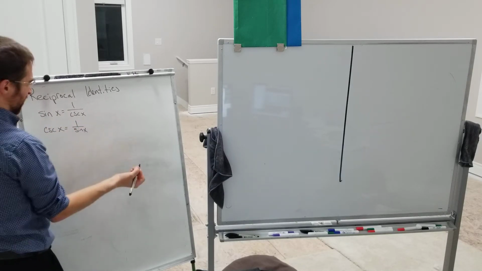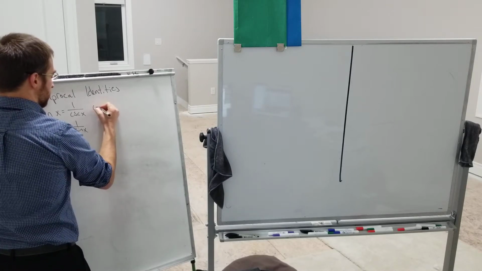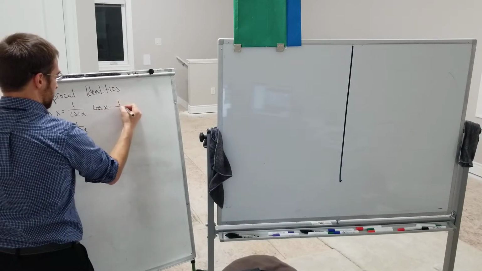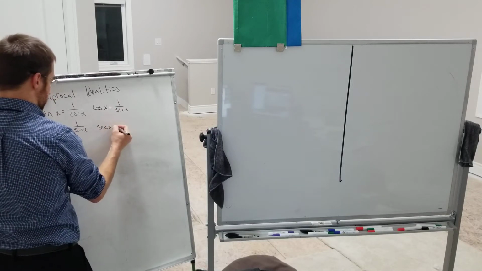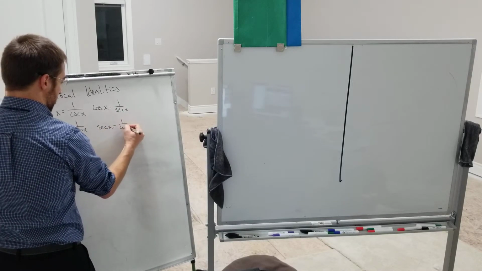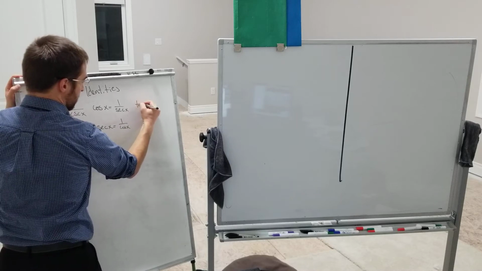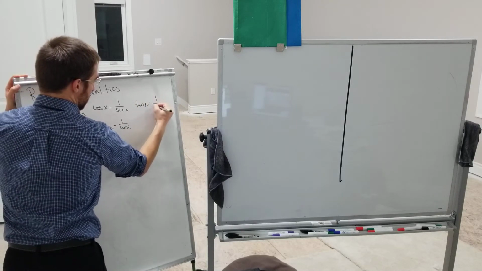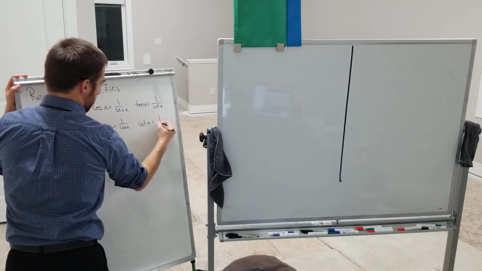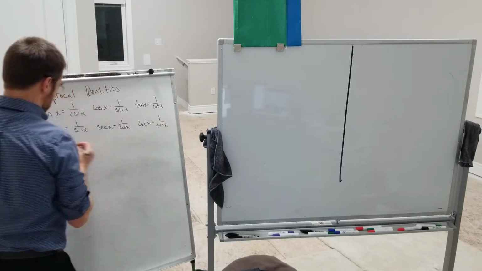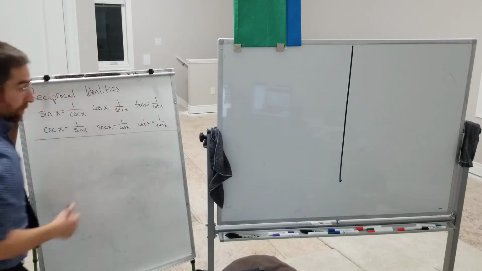These are ones that you should know. Cosine x is 1 over secant x, and secant x equals 1 over cosine x. And then tangent x is 1 over cotangent x. Cotangent x is 1 over tangent x. Right, you should know those. Boom, those are reciprocal identities.